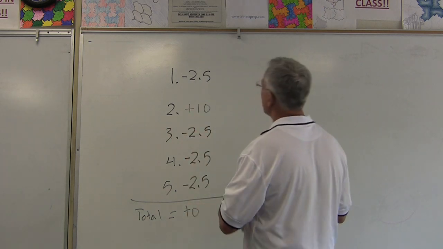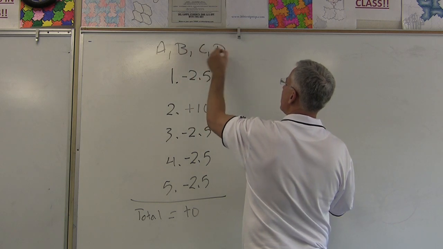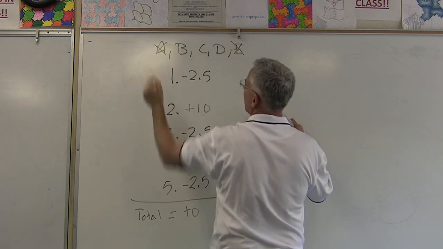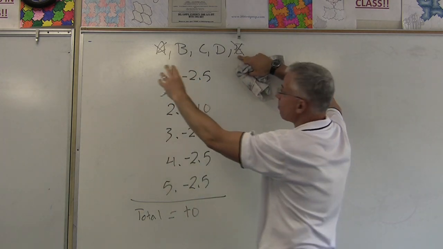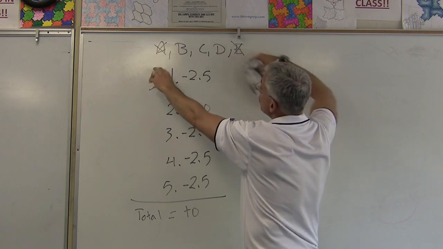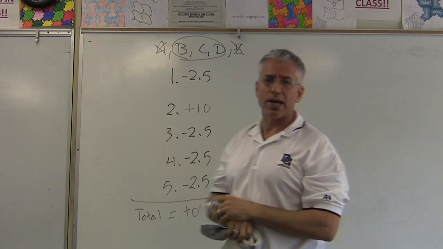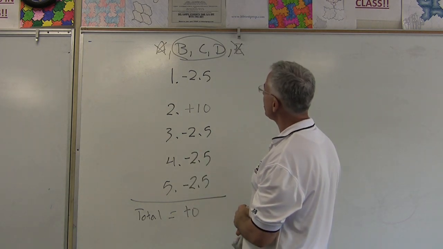Well, if you can toss one out, let's go back to your 5 choices here: A, B, C, D, E. Say I can toss out that one and that one, and I know those aren't the answers. I don't know how to solve the problem, but those look real suspicious to me. So I'm going to make what's called an educated guess on the other 3. You're increasing your odds.